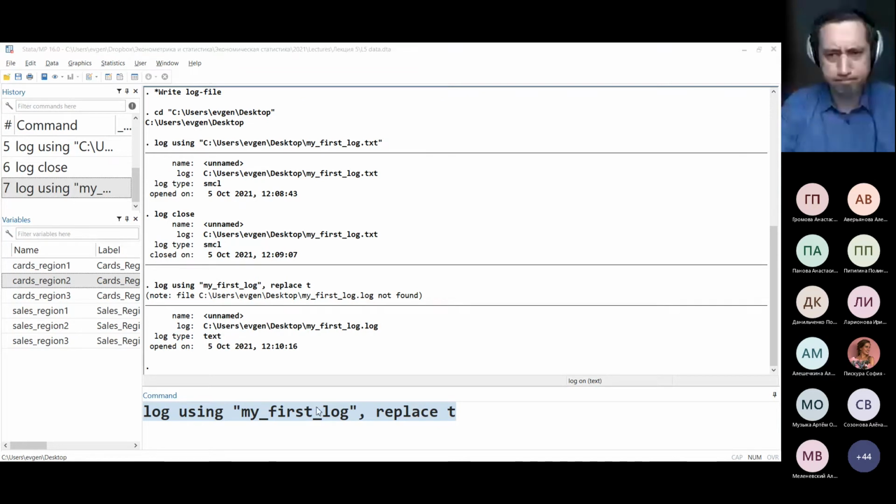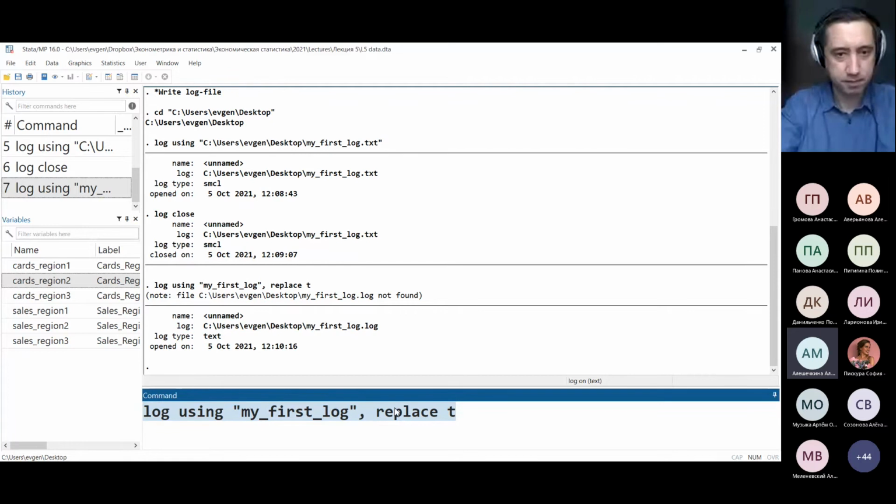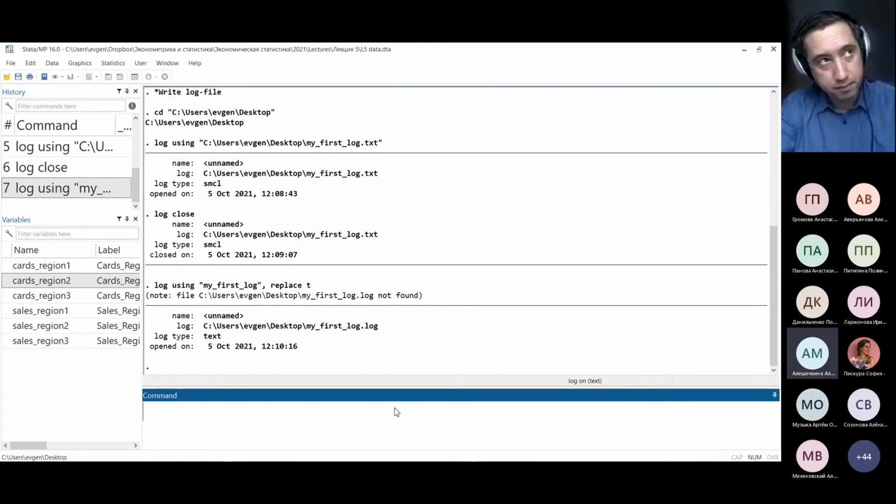You opened it and you see that it is still log. I don't see the text after the... Your file is empty, you mean? No, there are some things like name, log type, and opened on, but at the top it is written my first log .log, and not .log text.